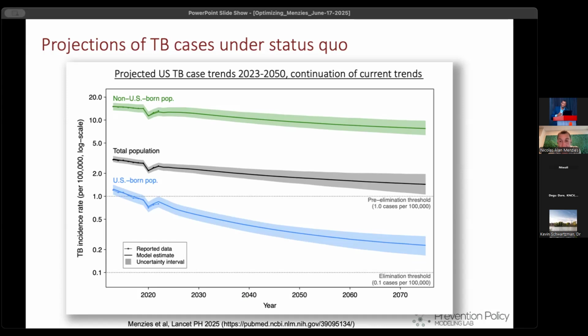And so this is still above the pre-elimination threshold of 10 cases per million, and a long, long way above the elimination threshold of 1 case per million. That is to say, if things continue the way they have been, the US is not going to achieve TB elimination anytime soon, and won't even achieve pre-elimination anytime soon if things continue as they have been.